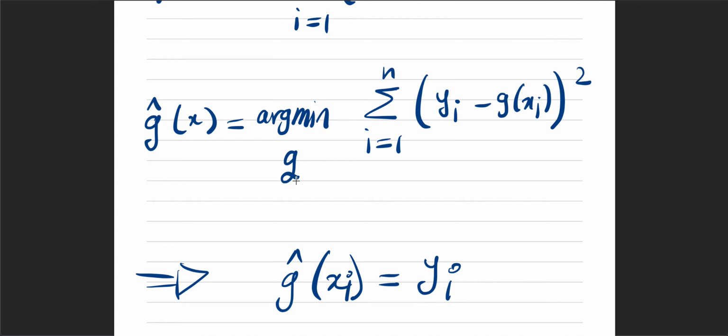We want to find the g that is as smooth as possible, yet it minimizes the residual sum of squares. Now, a question that arises is how can you formulate smoothness mathematically? How can we measure whether g is smooth or not?